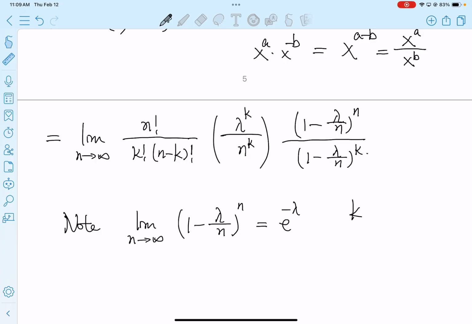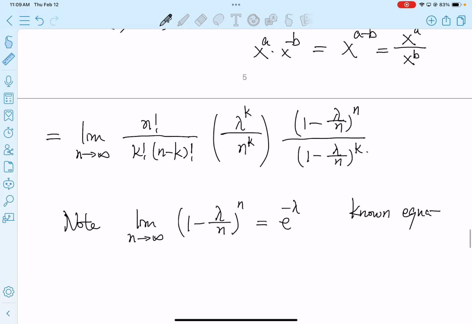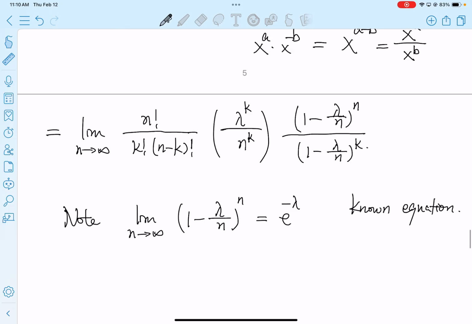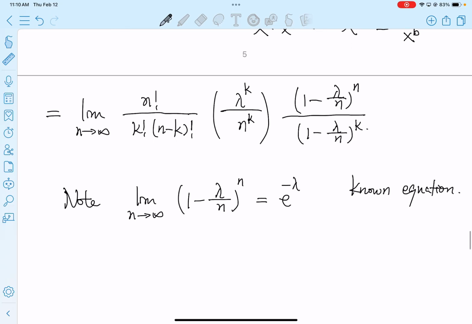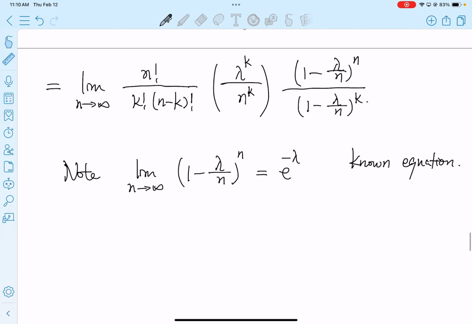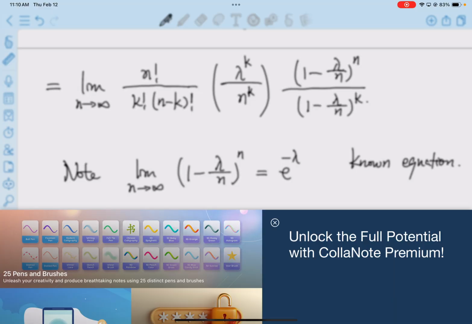This is a known equality that holds. You probably also see something like this in your calculus class. We are going to borrow this in our expansion. This one always holds, and then we are going to replace this in our derivation.